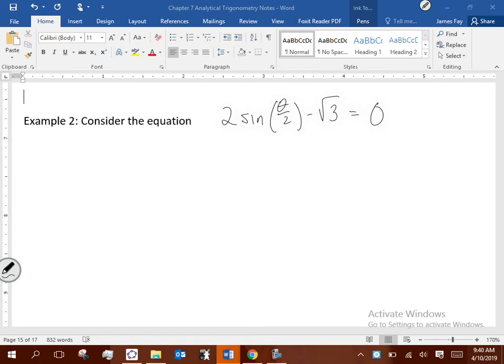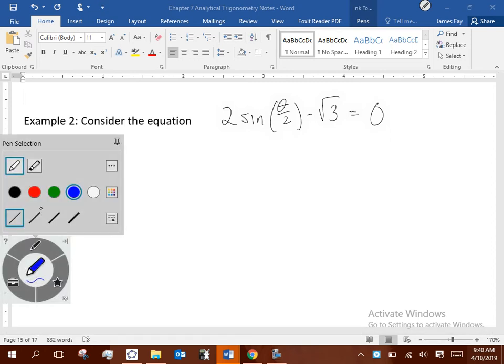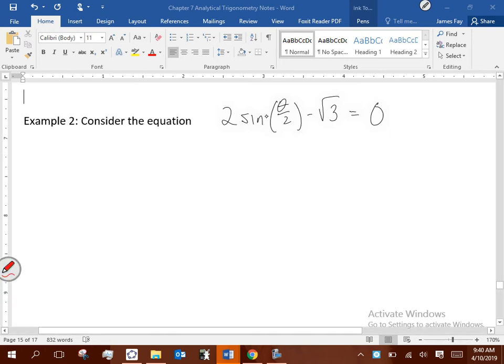I mean, we could get sine of theta over 2 is equal to 0.17 if we wanted to, okay? And then have to use our inverse keys on our calculator and all that garbage. But all right, so solving this, then we're going to get sine of theta over 2 is equal to root 3 over 2, right? Root 3 over 2. So here's the issue.